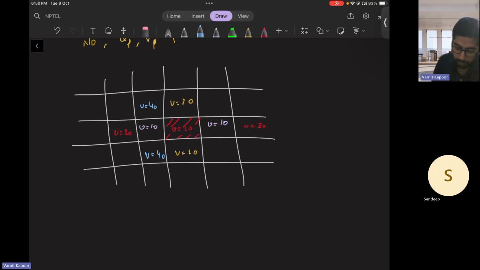So cell P has 30, but its neighbors are of the same values, either in east-west or north-south. This is a kind of checkerboard problem, which satisfies the equation, but is not actually taking the correct values while satisfying the continuity equation.